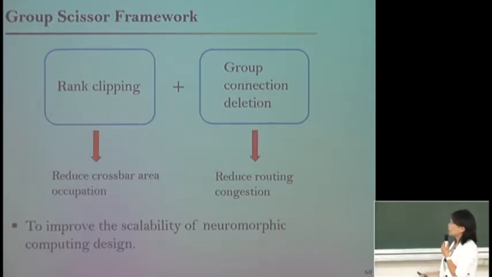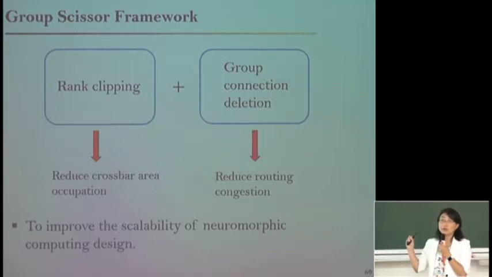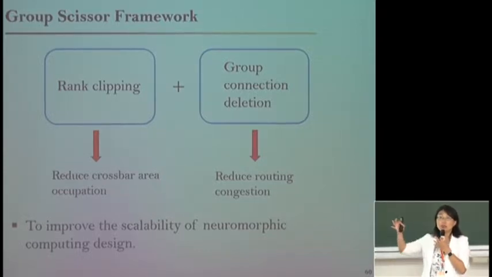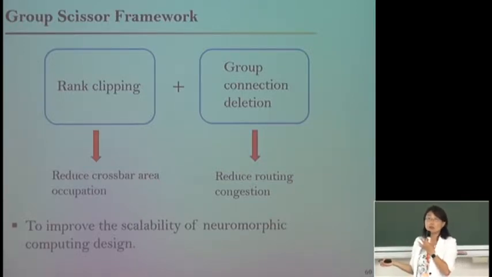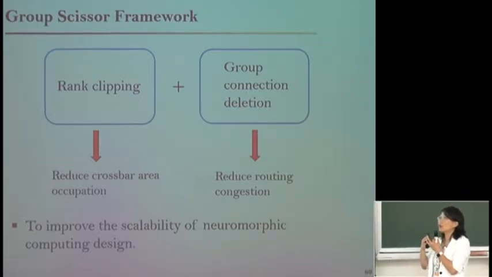Rank clipping is trying to reduce crossbar area occupation. Meaning we're trying to reduce the weight matrix size, and then we can reduce the utilization of the crossbar arrays. And then we have to handle the communications between crossbars, right?